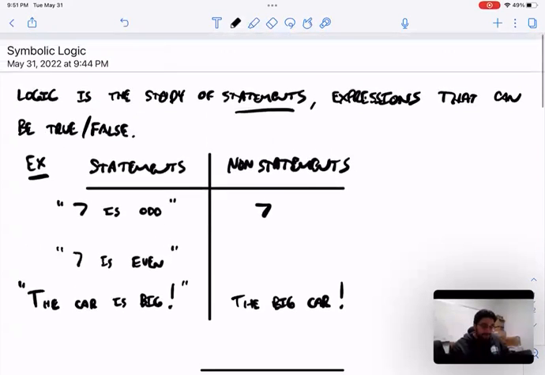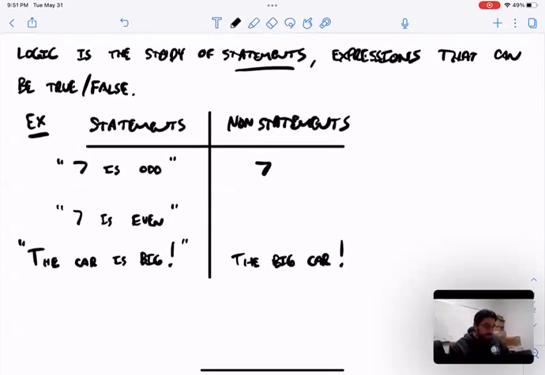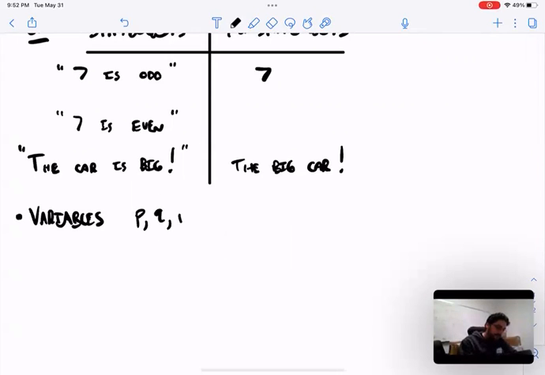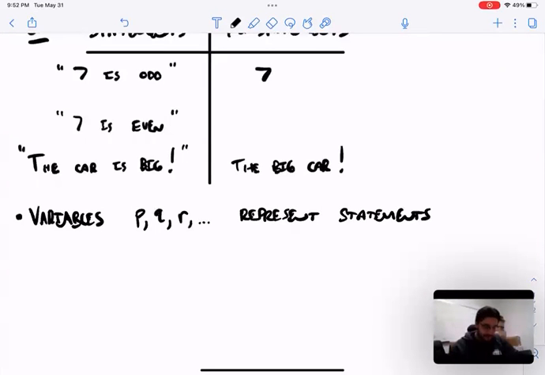Now, what I want to do in symbolic logic is we have our variables. Typically, we use P, Q, R, etc. for statements, and they represent statements, which sometimes will specify specific statements that they stand for, and sometimes they just represent some generic statement that we want to work with.